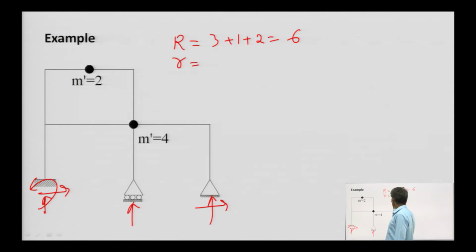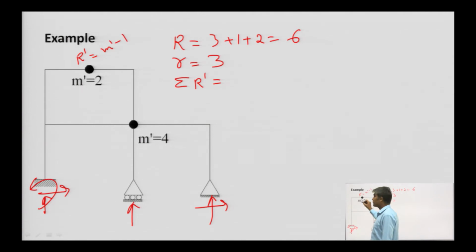Small r is 3 because it is a case of 2D. Sum of r dash: what will be the value of r dash here? R dash here will be m dash minus 1. The m dash value is 2 here, because two members are connecting at this hinge. So, 2 minus 1 means 1. Here 4 members are connecting at this hinge.